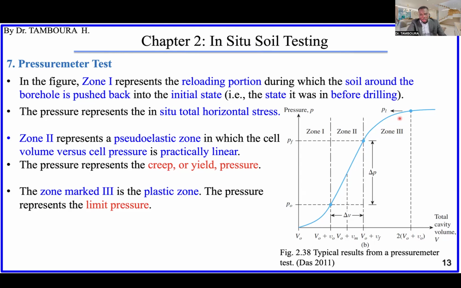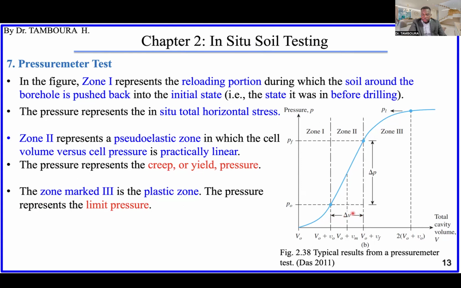Here I want you first to notice delta P and delta V. You see delta P, this pressure PF minus P0.